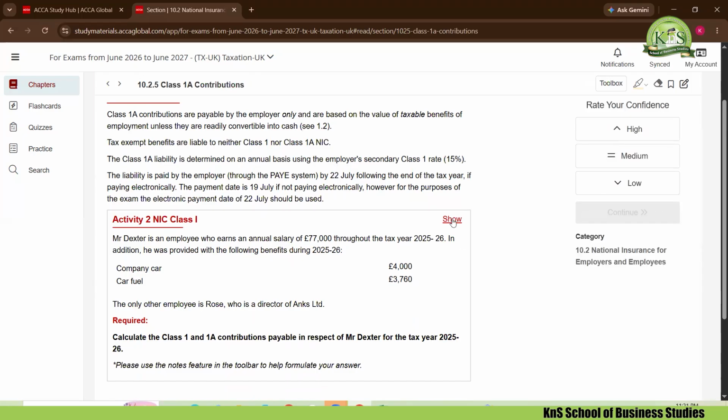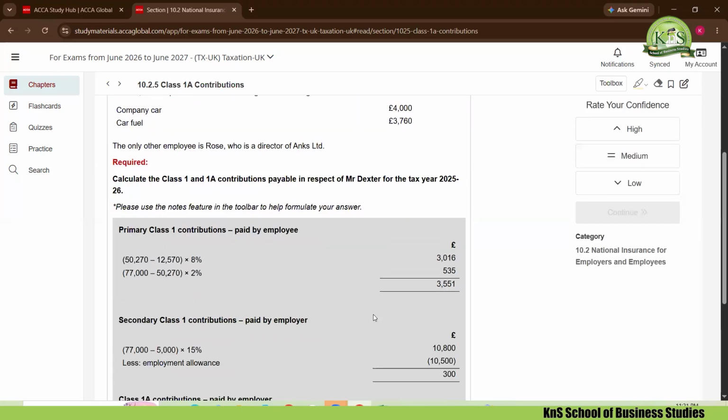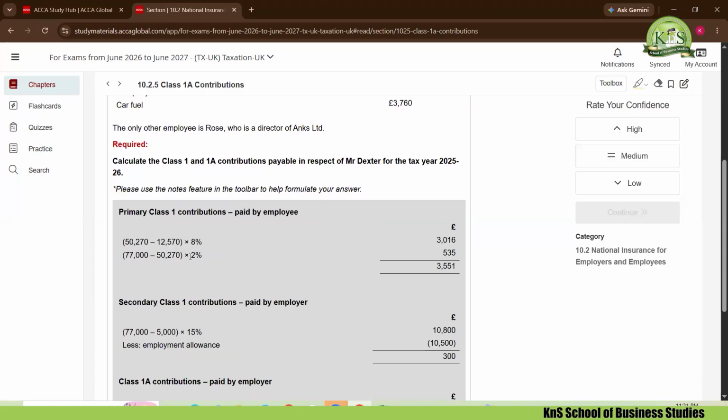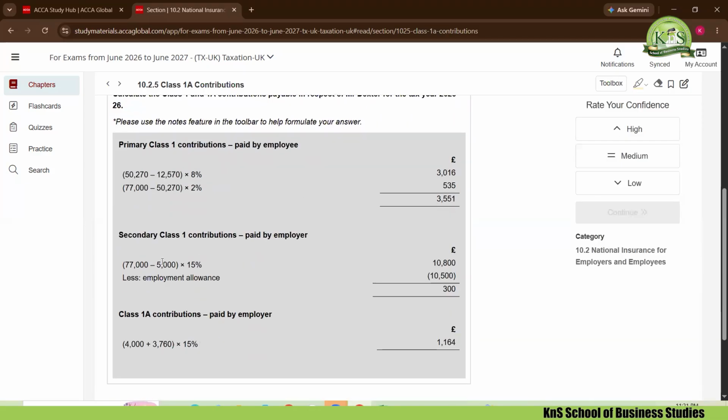So see, 8% and 2%. I hope this is clear to you. Then paid by employer minus 5,000, 15%, and over here employment allowance will be given because this answer is more than 10,500. Class 1A will be given on the benefits at 15% straight away.